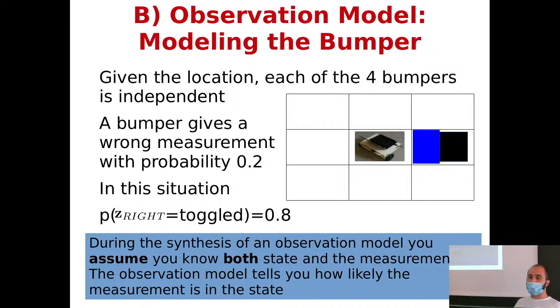So to make this more real, we add a sort of probability distribution, a noise model. In this case, we have a 0.2 probability of a false positive, which means I detect something that was not actually there, like my bumpers give me a 1, but I'm in the middle of completely free space. And with probability 0.8, the measurement is correct. Is that clear?